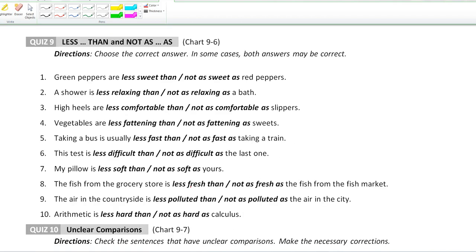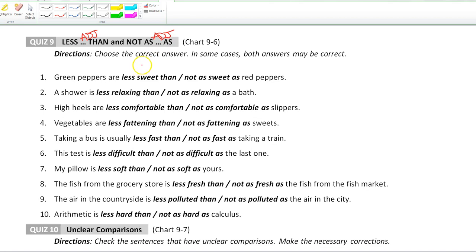This video is longer than the other videos because I improved the program between video 2 and video 3. Okay, here we're using less than and not as blank as, okay? And what goes here in the middle is less adjective than, not as adjective as.